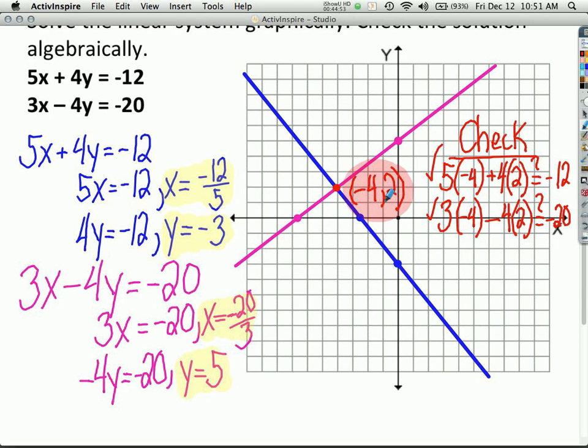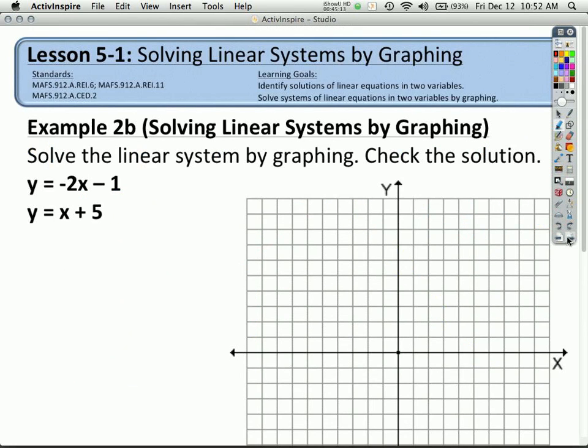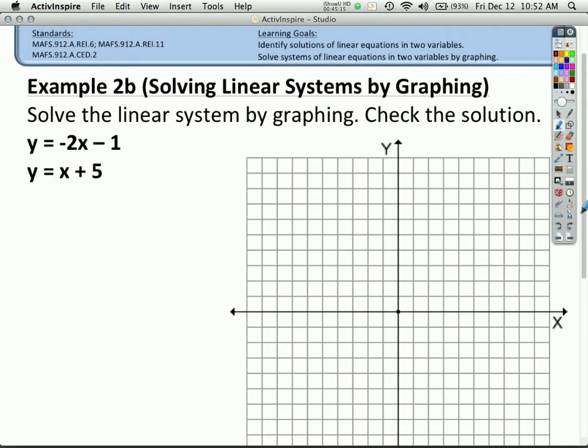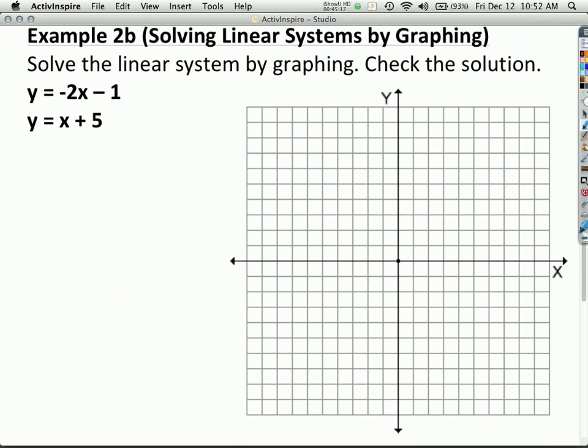Okay? Does anyone have any questions on the process that we went through? Graphed, found the point, checked. Any questions? All right, so let's do it again. Part B. You don't have to write example B and all of that.